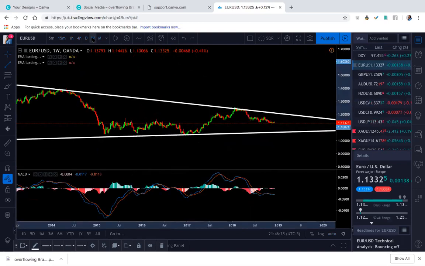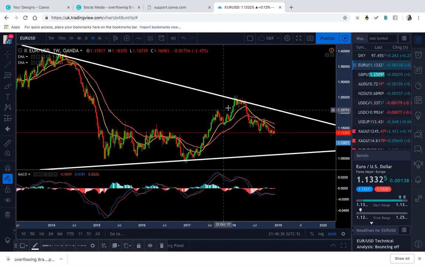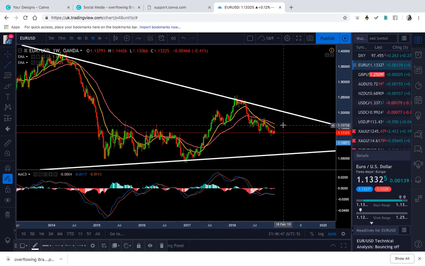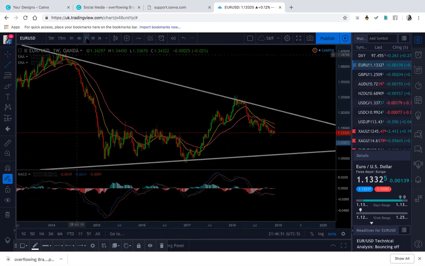Come down to the weekly. Nothing right now, but what you can see here on the weekly is a nice head and shoulders pattern. So when this does drop, it will be a really good set of pips. Daily.